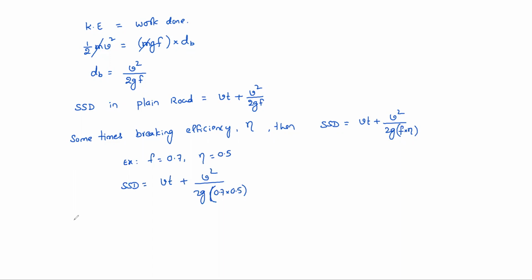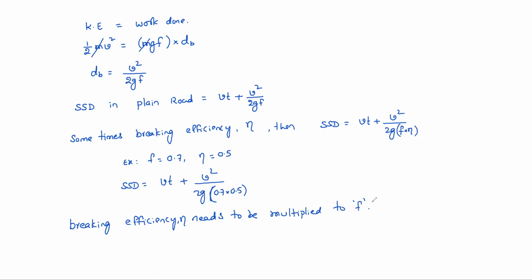So remember this point: braking efficiency eta needs to be multiplied to the coefficient of friction f, if it is given. What does braking efficiency mean?